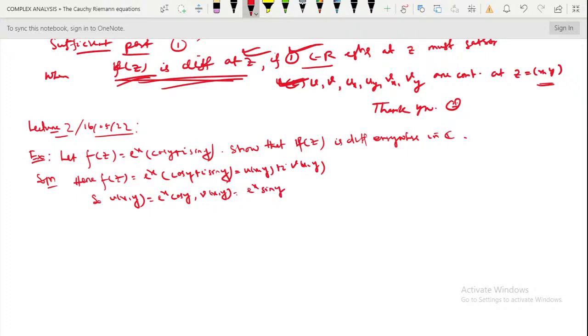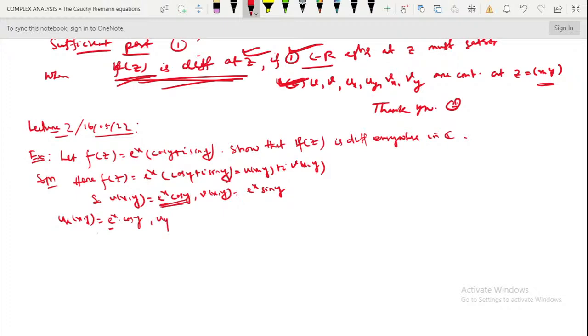Then what will be your u x? Just take its partial derivative with respect to x. The derivative of e to the power x is e to the power x, and cos y remains as it is, since it behaves as a constant.